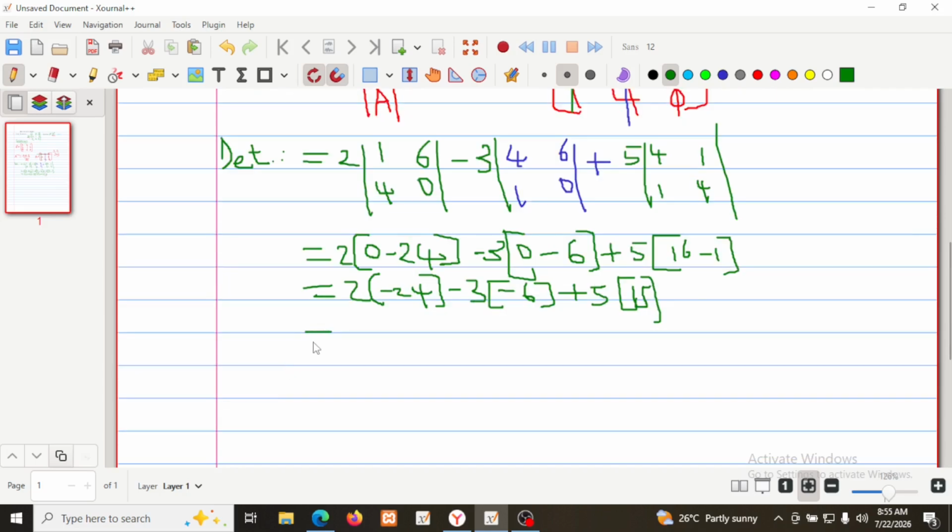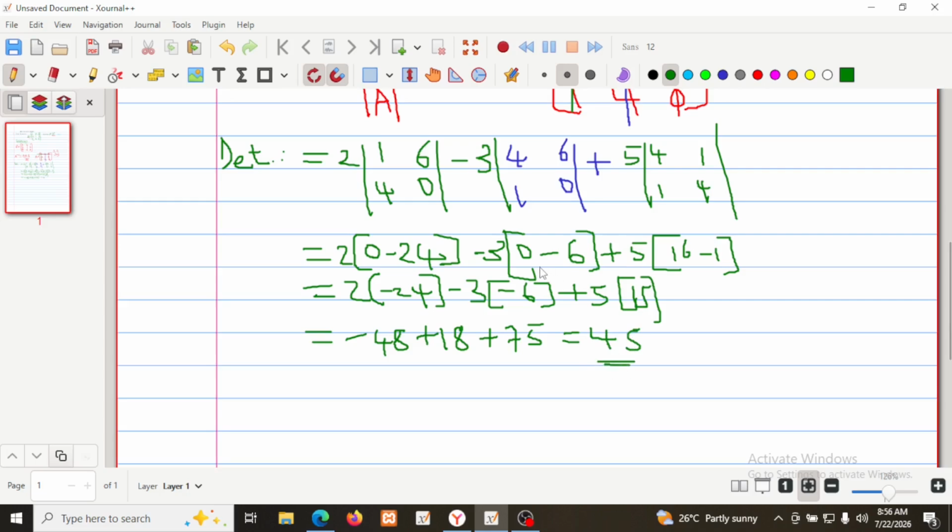So we'll have negative 48, then negative, this is negative 18, so it is positive 18, then positive 5 times 15, that is 75, which will give us 45.